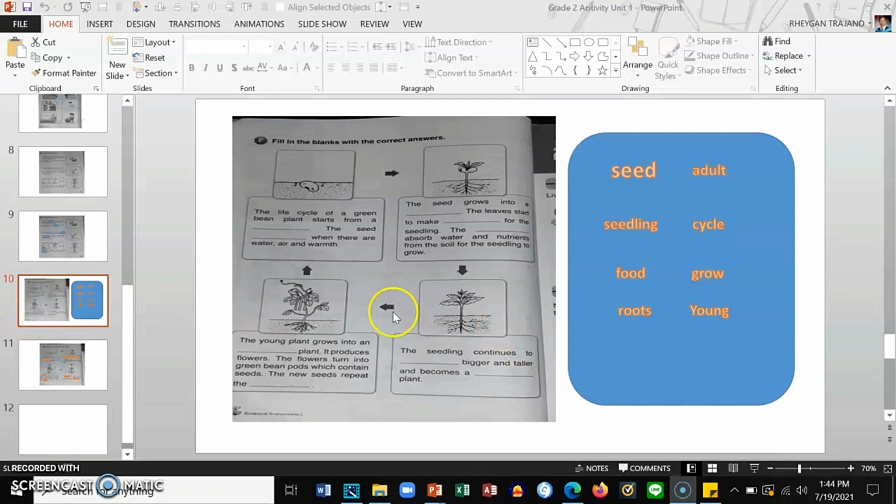So, in here, we have words that you're going to fill in the blank. So, we have how many blanks? 1, 2, 3, 4, 5, 6, 7, 8. 8 blanks. 2, 4, 6, 8. Those 8 words in the right corner, you're going to fill in the blanks.